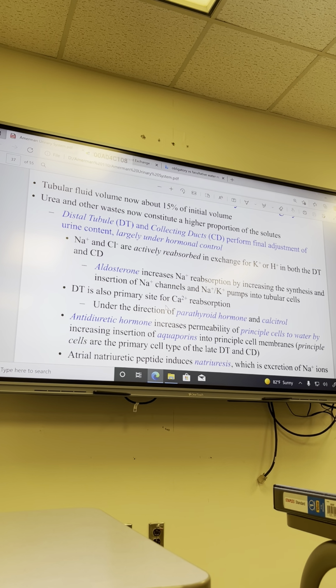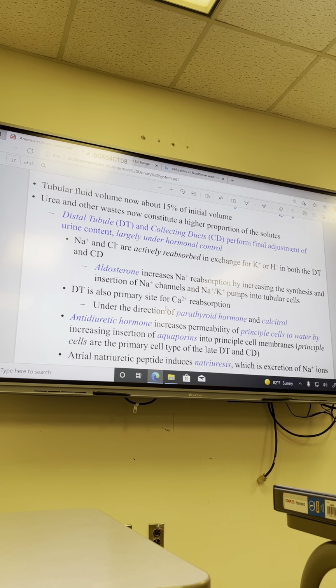Anytime I am retaining sodium, I would be eliminating what ion? Potassium. And this is primarily there to control blood pressure, because when I retain salt and water, your blood pressure goes up. Without aldosterone, if I eliminate salt and water, then my blood pressure should be going down.